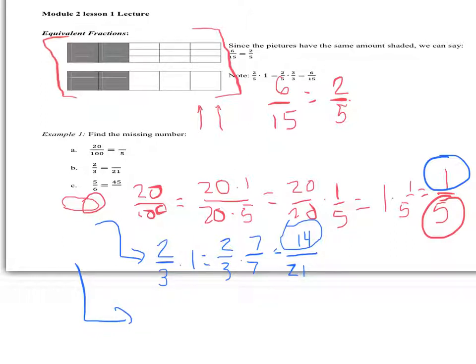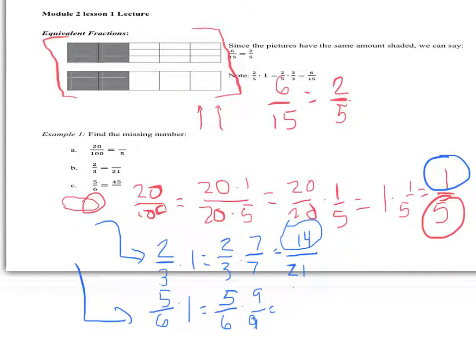Now going on to part C, we have 5/6 equals 45 over blank. Now we're going to be looking at the numerators. 5 and 45 differ by a factor of 9. 9 is the missing factor. So we'll do this one the same as we just did A. We'll start with our 5/6. Initially, we're going to multiply that by 1, but we'll rewrite that 1 as the missing factor, 9 over 9.